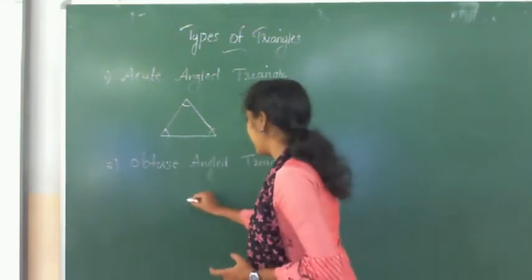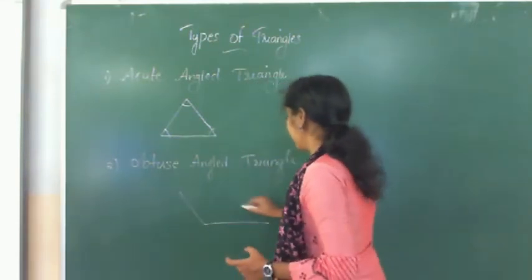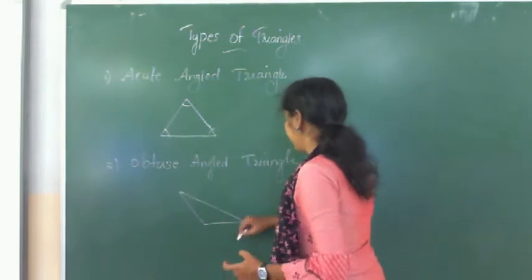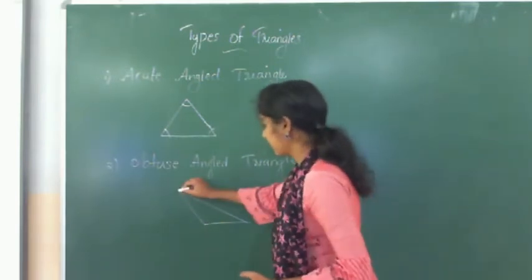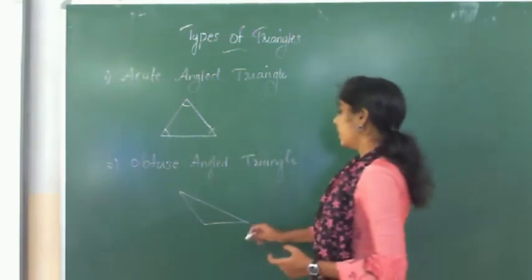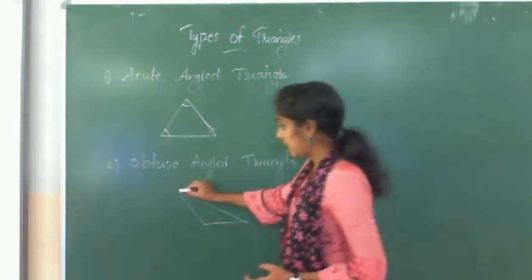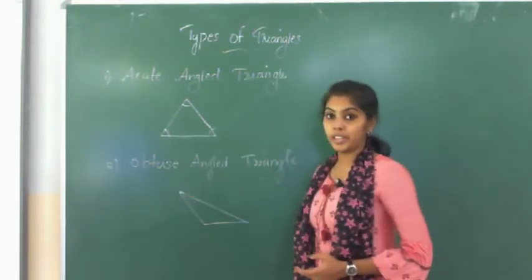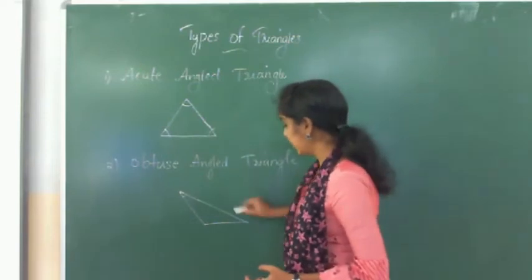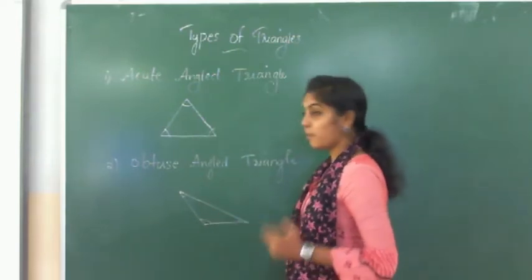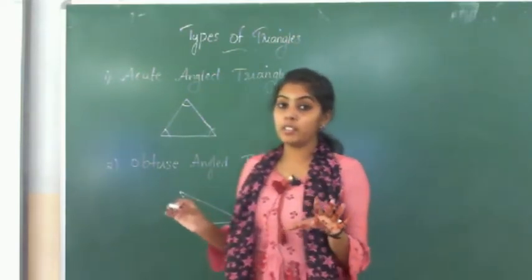Suppose this is the obtuse angled triangle. You can see 3 angles, and it's not possible for all the 3 angles to be obtuse.